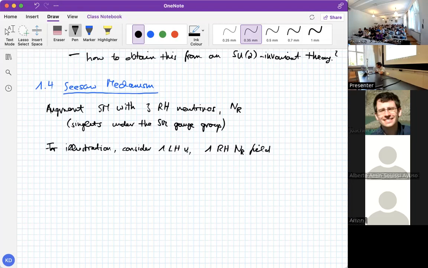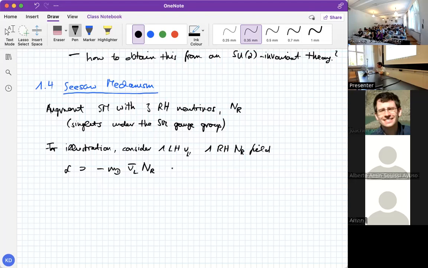And I should call this nu L as before. Well, we already know that if I introduce right-handed neutrinos, I can write down a Dirac mass term. So let's do that. The Dirac mass term, if you remember, has this form, just nu L bar times NR times the Dirac mass.